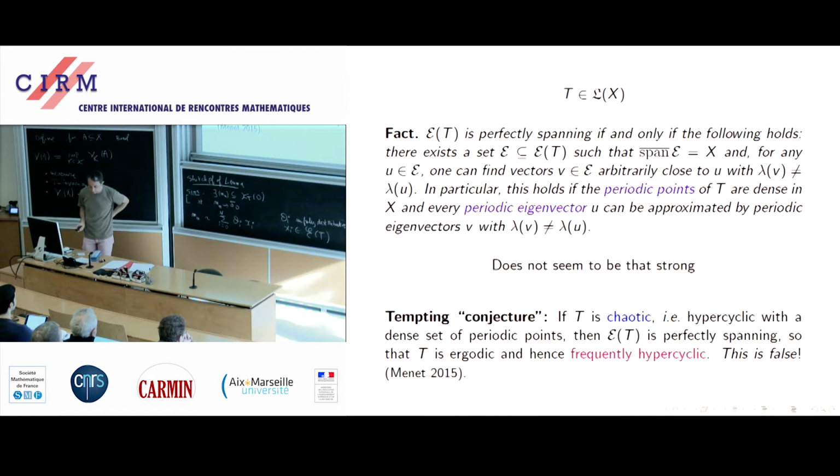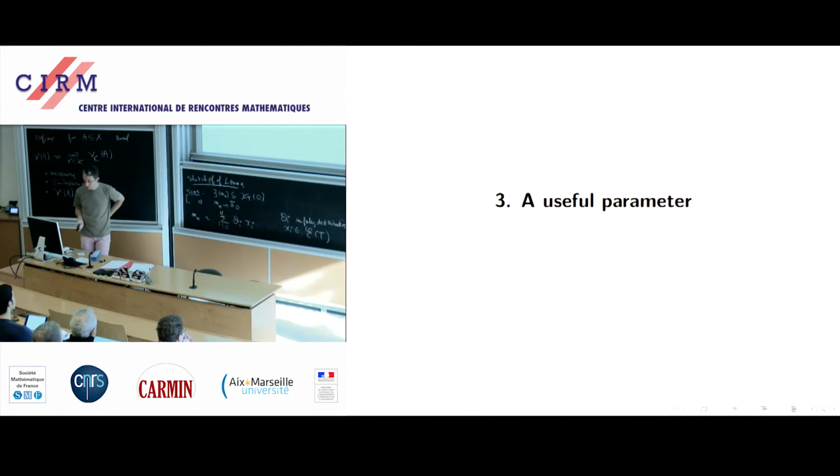So now I pass to the last topic. I'm going to introduce some kind of parameter which is associated to any operator. So this time you are in a Banach space. You could do this on any space actually, but you would have to change the definition.